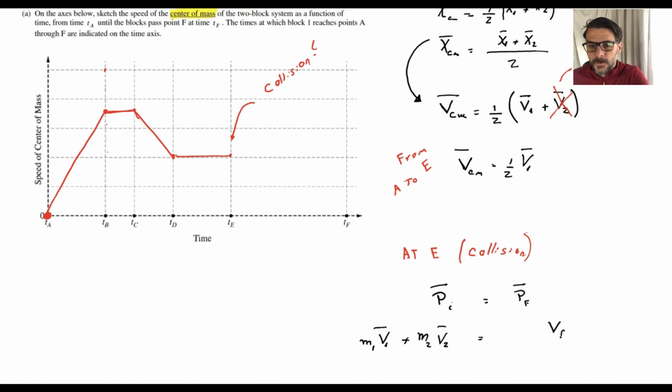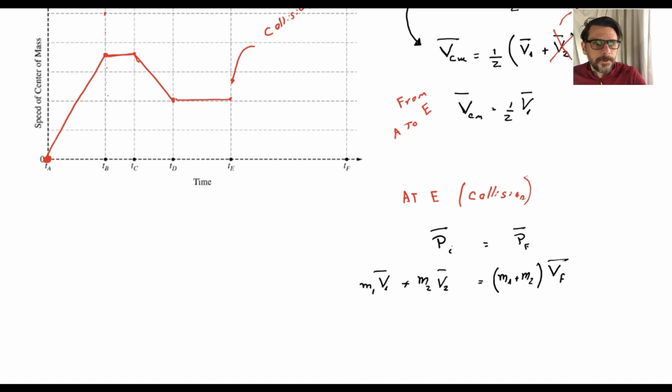Both objects will stick together. That's what we are told. And this can be the total momentum of the system. The final situation is just going to be the sum of both masses multiplied by the final velocity, whatever that final velocity is.